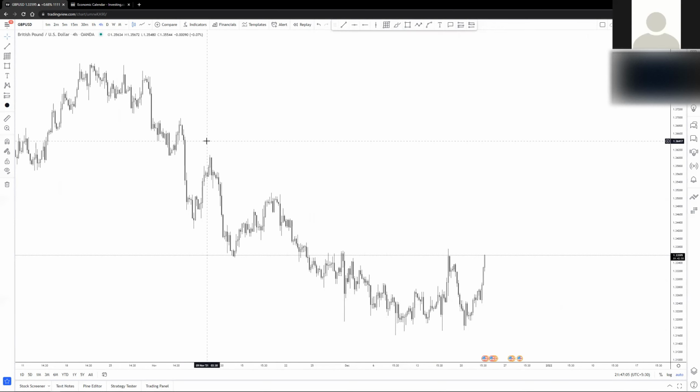Usually I love to do top-down analysis from the weekly, daily, H4, H1, because obviously I understood the structure: daily lower highs, lower lows, H4 lower high, lower low.